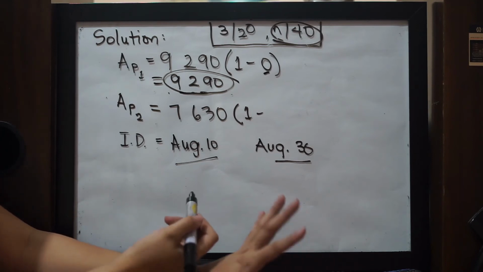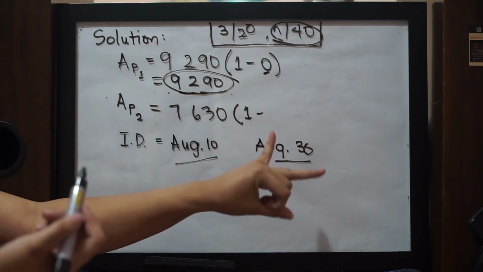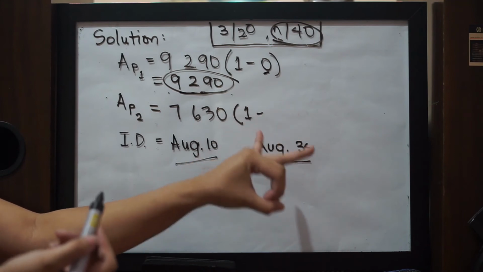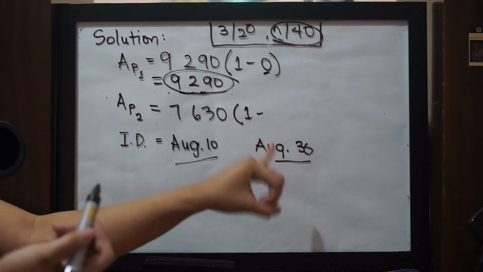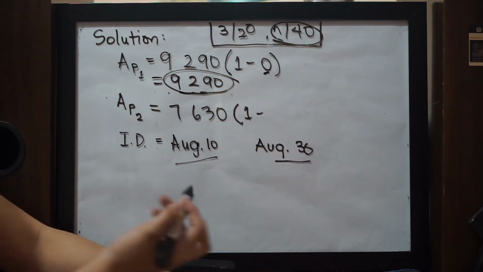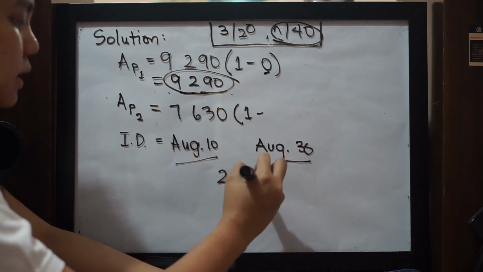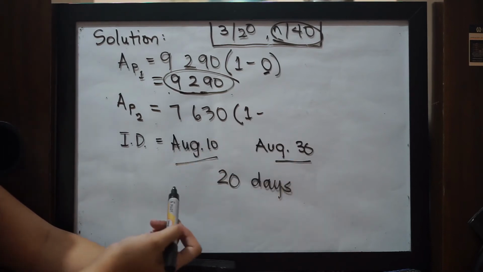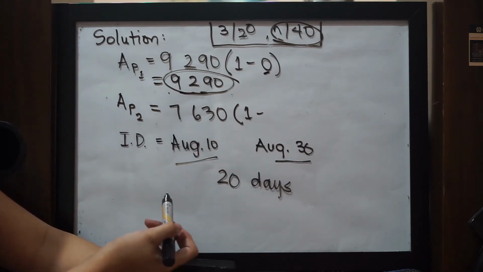Sige, pwede nyo naman siyang i-count by hand. So, 11, 12, 13, 14, 15, 16, 17, 18, 19, 20, 21, 22, 23, 24, 25, 26, 27, 28, 29, 30. So, dahil magaling ako, nabilang ko yon, 20 days ang lilipas from August 10 to August 30.